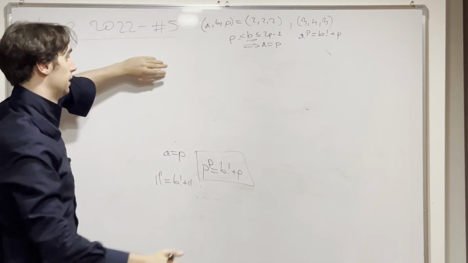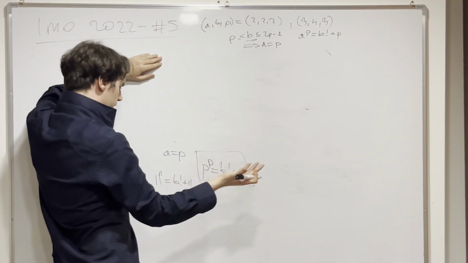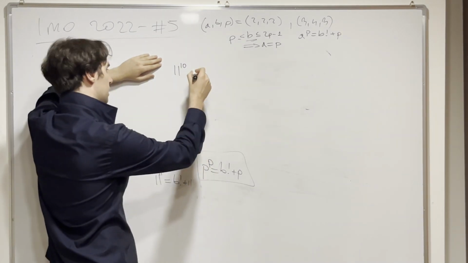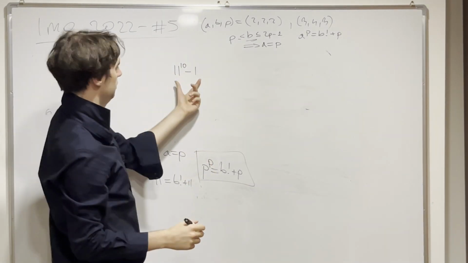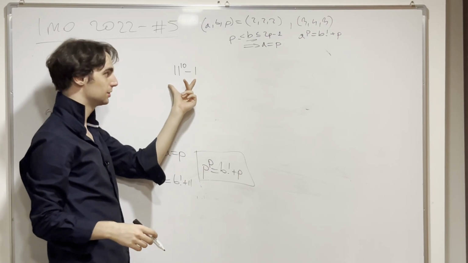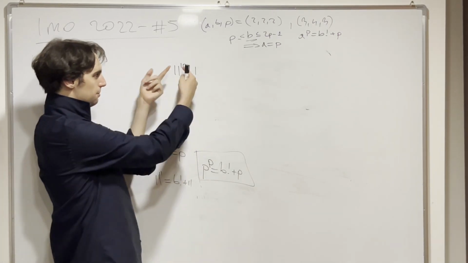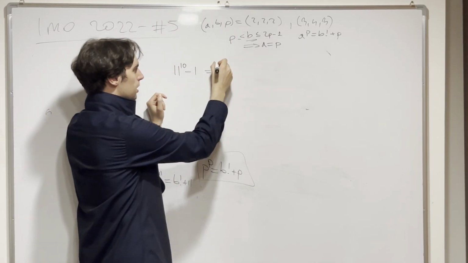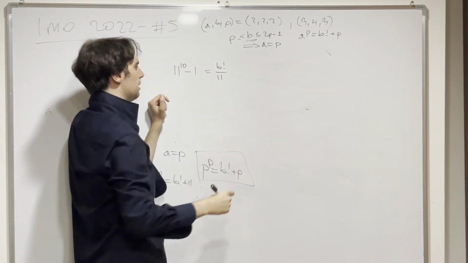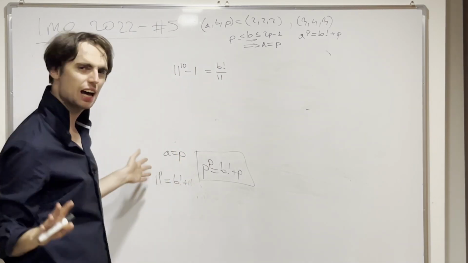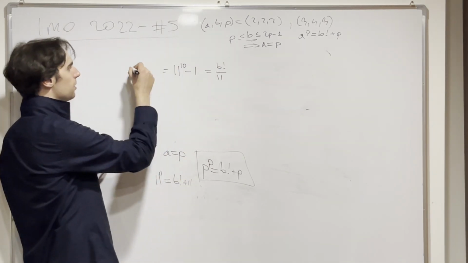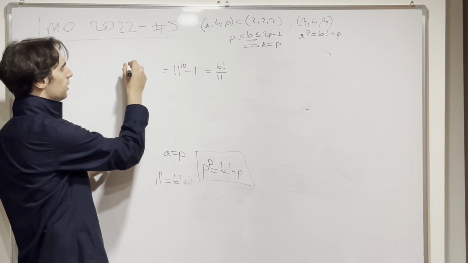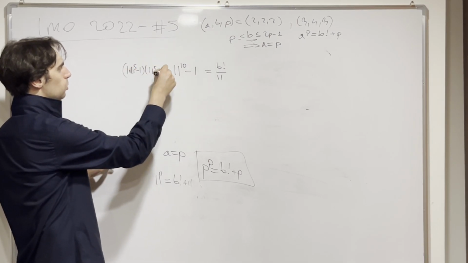Now that we've cleared everything up, let's divide everything by 11. We have 11 to the 10th minus 1, which I can write as a difference of squares, is equal to b factorial over 11. Sure, this is divisible by 11, but I don't really care about it. This thing is now 11 to the 5th minus 1 times 11 to the 5th plus 1.